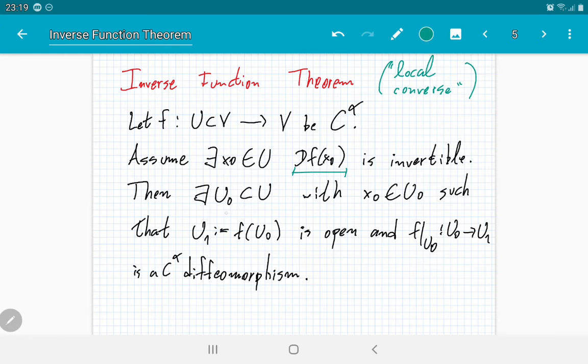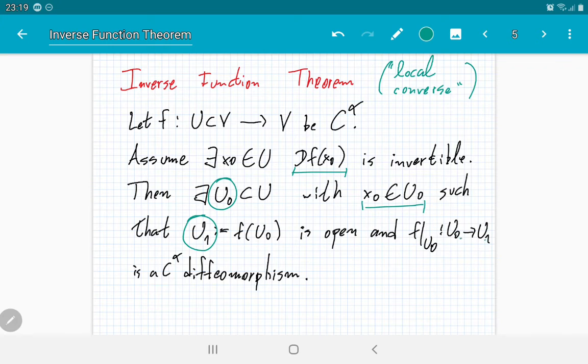If I have this, then there's an open neighborhood of x naught contained in U, call it U0, such that if I look at the image of U0 under F, that's U1, another open set, and the restriction of F from U0 to U1 is a C alpha diffeomorphism.